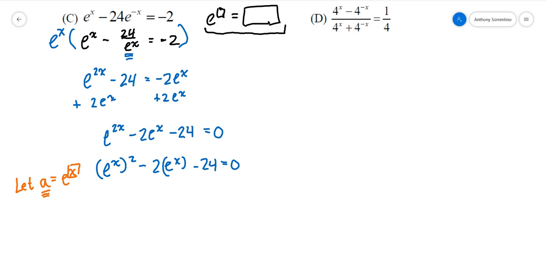But I'm going to rewrite this now as a squared minus 2a minus 24 equals 0.